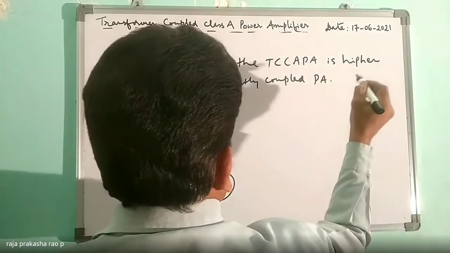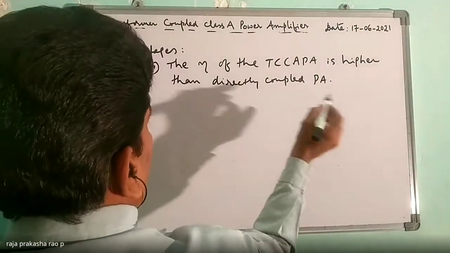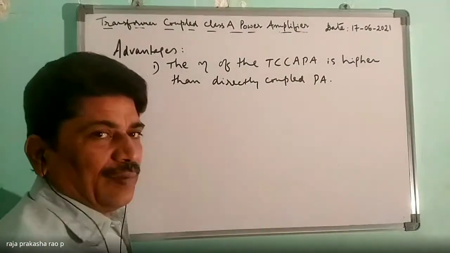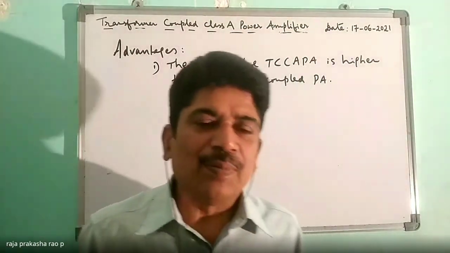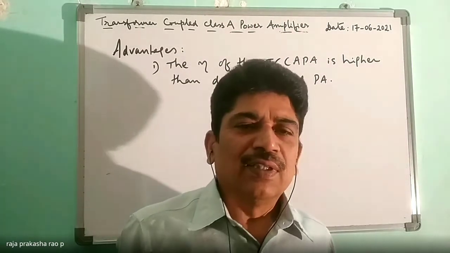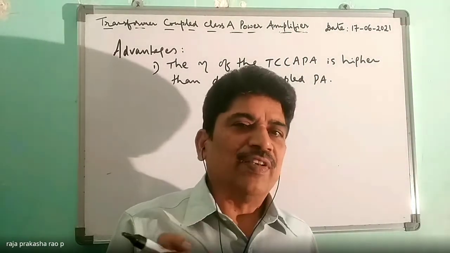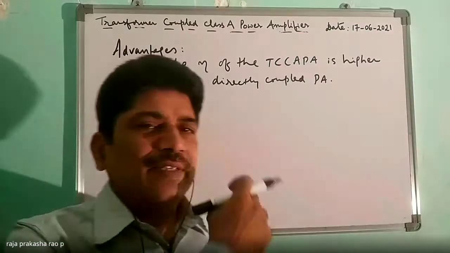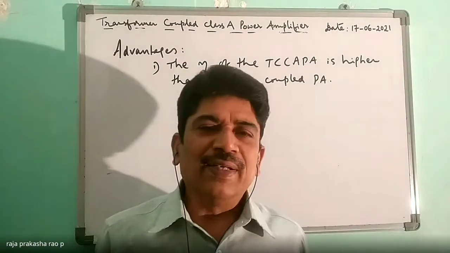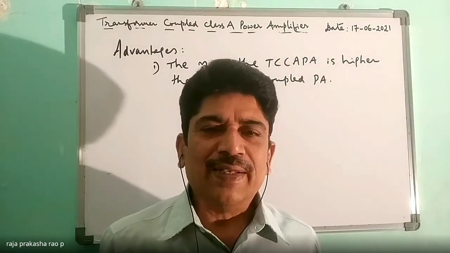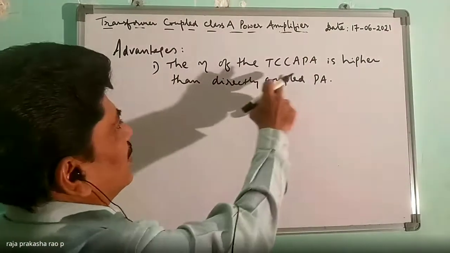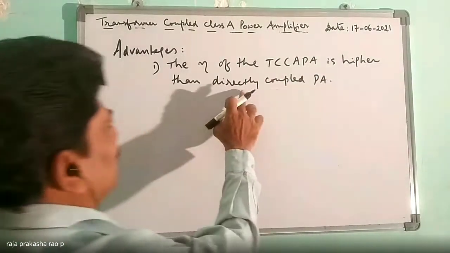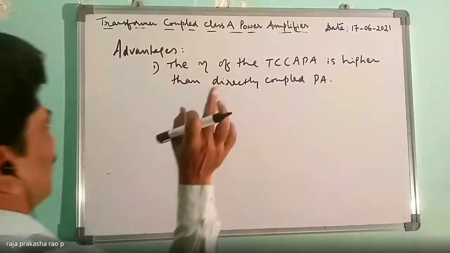Okay. For the directly coupled power amplifier, what is the efficiency? Do you remember? We have derived it also. It is 25%. And yesterday we derived the efficiency of this transformer coupled power amplifier. It was 50%, right? So the efficiency of the transformer coupled class A power amplifier is higher than the directly coupled power amplifier. Okay, this is one of the advantages.